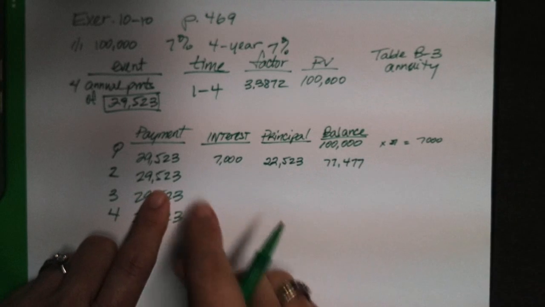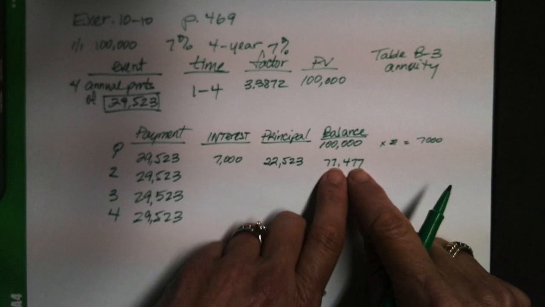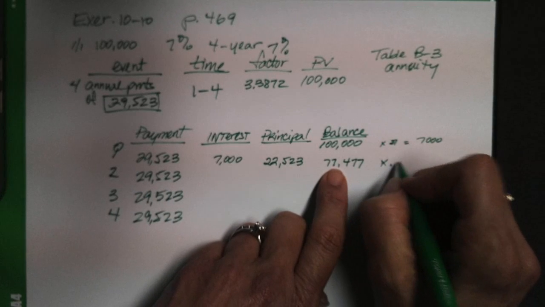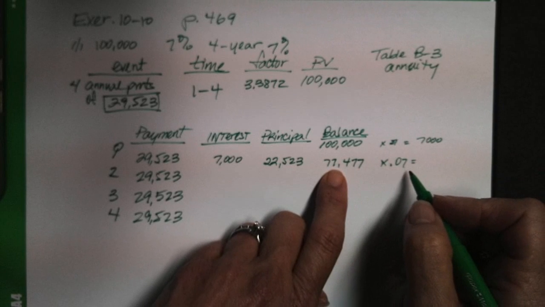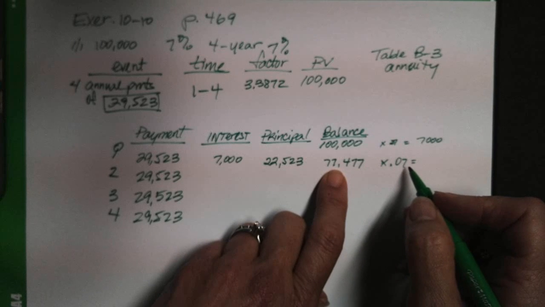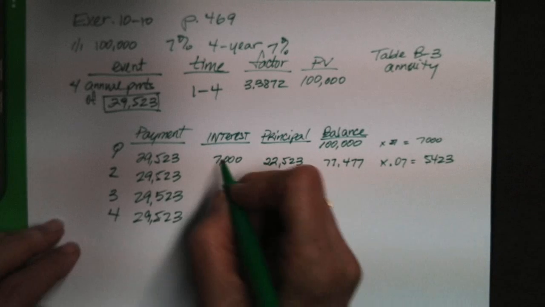Then the second year, this is what we owe. We're still paying 7% interest, but the balance isn't as high. So 7% interest on $77,477 works out to be $5,423.